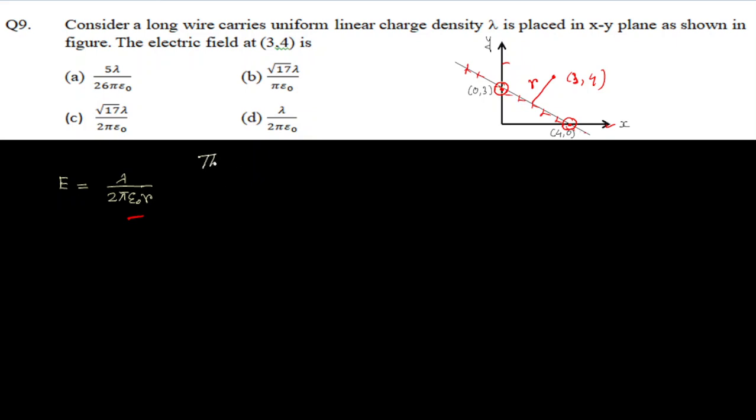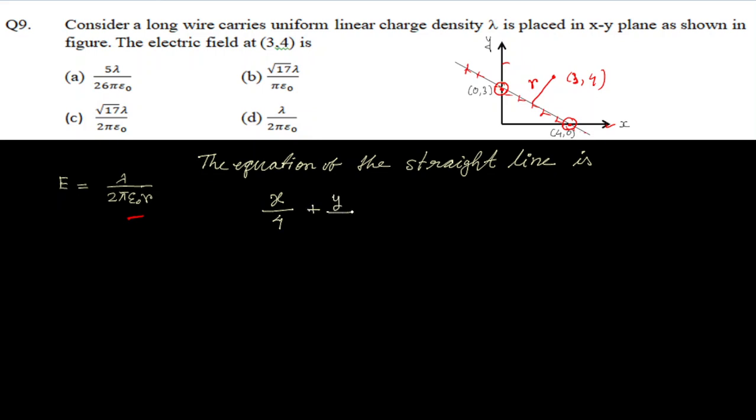The equation of the straight line is x divided by the intercept on the x-axis plus y divided by the intercept on the y-axis equals 1.